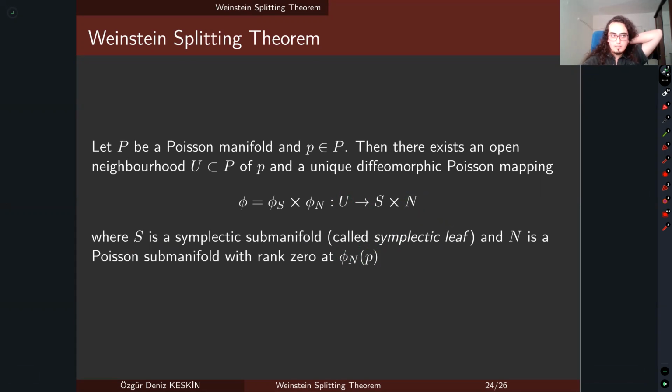As a result, we see that a Poisson manifold can be thought of as a union of symplectic manifolds.